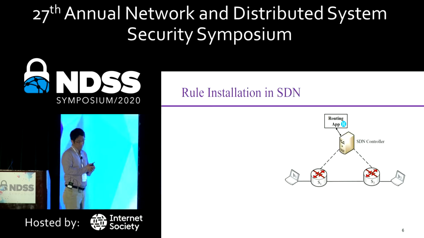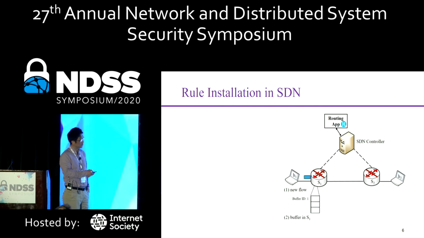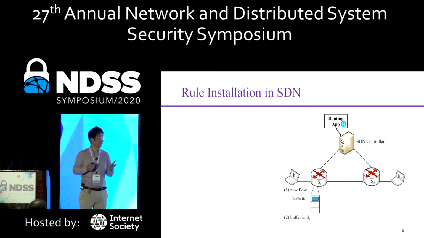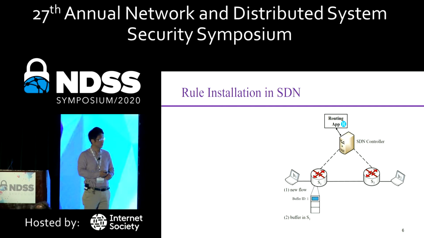We use one simple example to show this rule installation process in SDN. Suppose host H1 wants to send a new flow to another host, H2. It will first send a first packet to switch S1. When S1 receives this packet, it has no idea where to forward it. What's the next hop for this packet destined to H2?